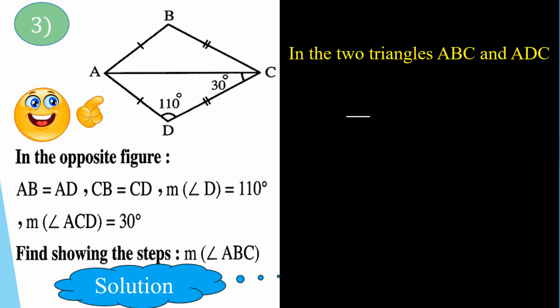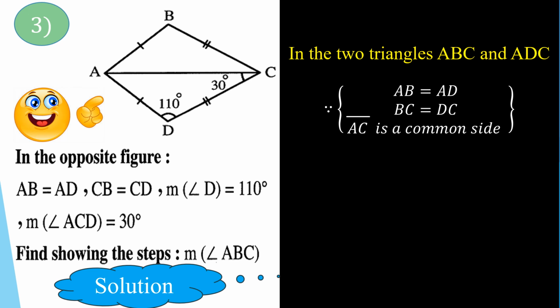In the two triangles ABC and ADC, since AB equals AD, BC equals DC, and AC is the common side, then the triangle ABC is congruent to the triangle ADC as side side side.